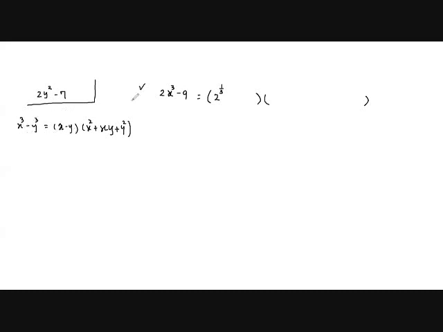Why do I know to use this formula? Because of this power cube, power 3 here. But when this is power 2, you can factor by using the formula a squared minus b squared. Now x power 3 here, you divide it by 3, you have x power 1.